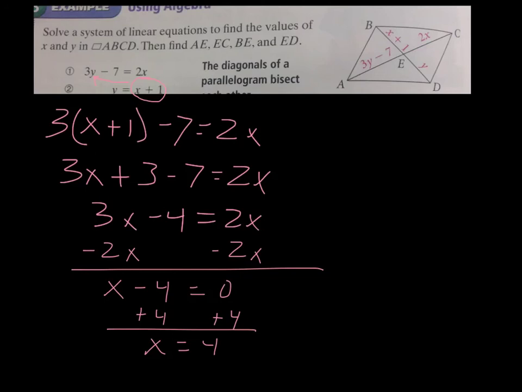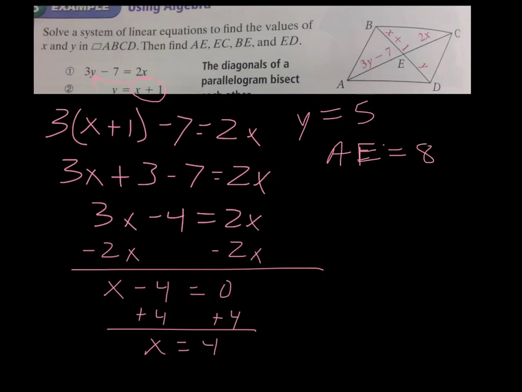Once we get x to equal 4, then we can plug it back in, and we find y must equal 5. So x equals 4, y equals 5. Then we can plug it back in for AE: if y equals 5, that's 15 minus 7, so AE has to equal 8.